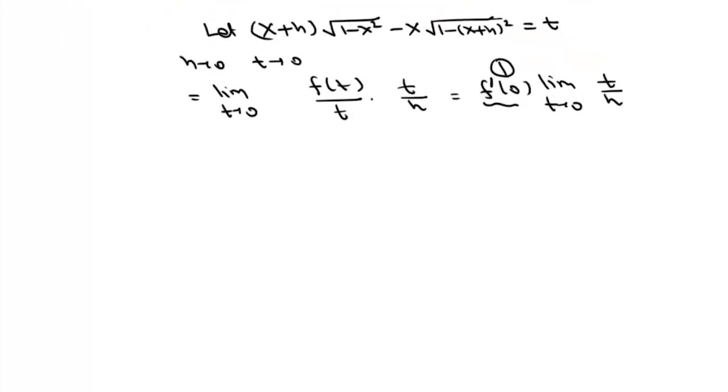So we'll write this f dash x as limit h tends to 0, and here we'll take x together and h together.